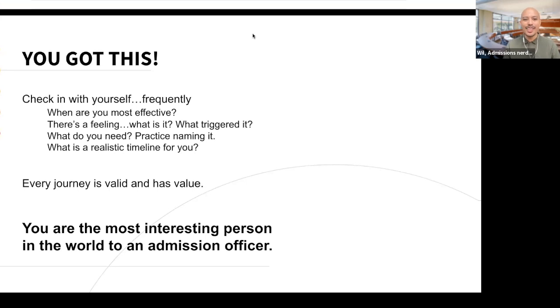I already mentioned that every journey is valid and has value. Celebrate that, embrace that. I know for some folks out there, and kind of speaking for myself, I wasn't asked to reflect or think about myself that much growing up. It was always, do this, keep your head down, here's the way to do it, always doing things in service of others.